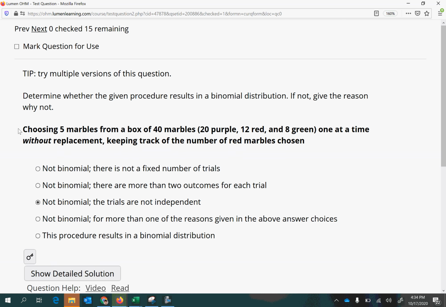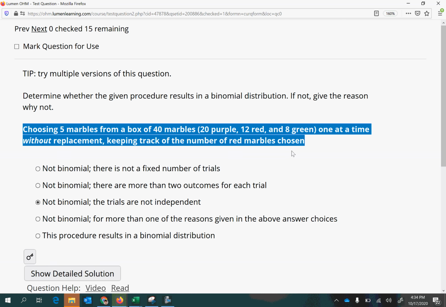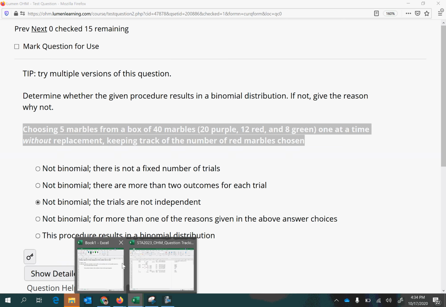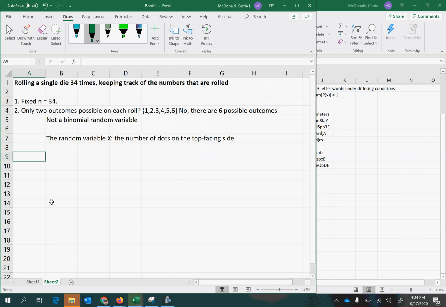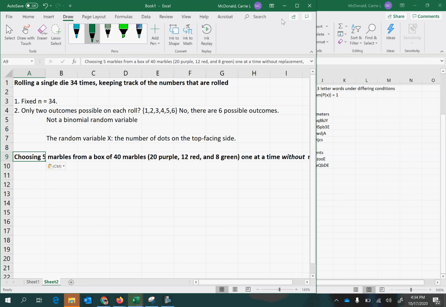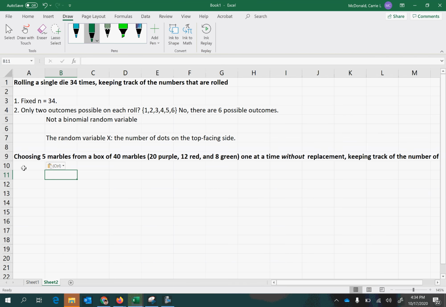All right, so to see how this would play out, let's get the spreadsheet here. Okay, so choosing 5 red marbles from a box of 40 marbles, where we have 20 that are purple, 12 that are red, and 8 that are green, and our total is 40.